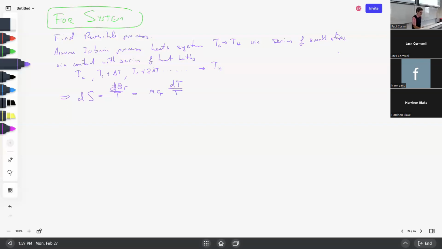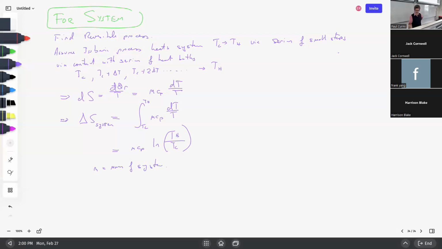And now for the system, delta S system is equal to the integral from T cold to T hot of m Cp dT on T. And this gives me m Cp times ln of T hot over T cold, where m equals the mass of the system.